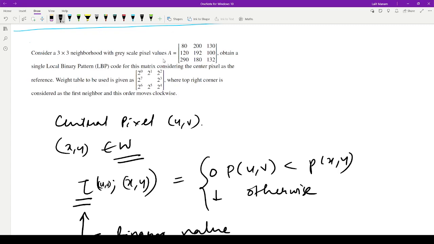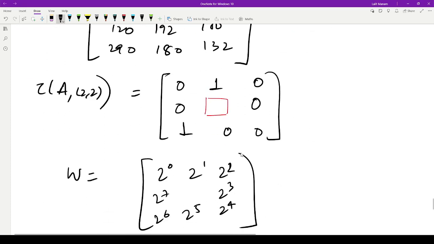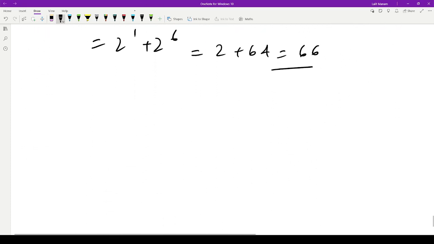So for this matrix A, the local binary pattern given the central pixel is 66. Is this fine? Yes, sir. Okay. Anything else? This might be a good revision of linear algebra.